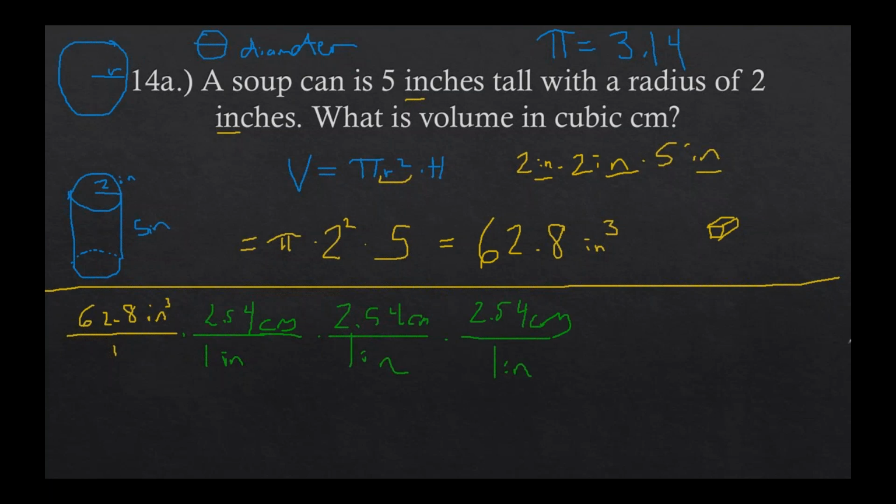All right, and again, the reason we do that, 1 inch, 2 inch, 3 inch gets rid of cubic inches. So now everything's in the numerator, right? So we multiply all the way across.